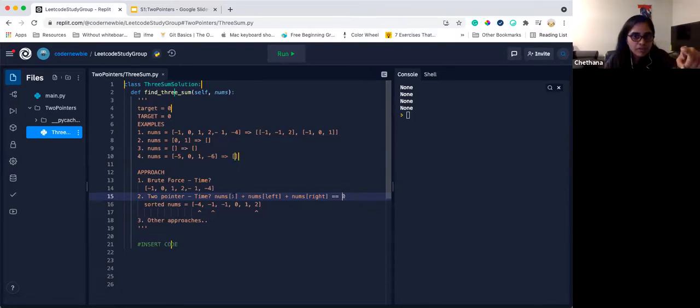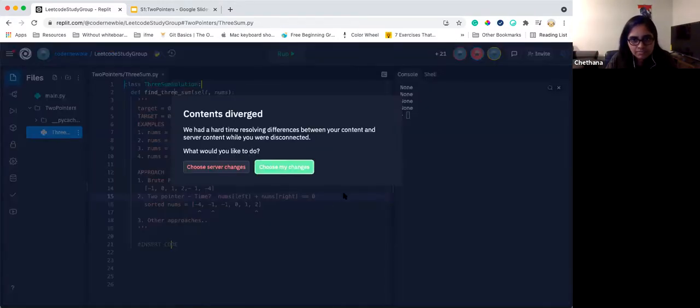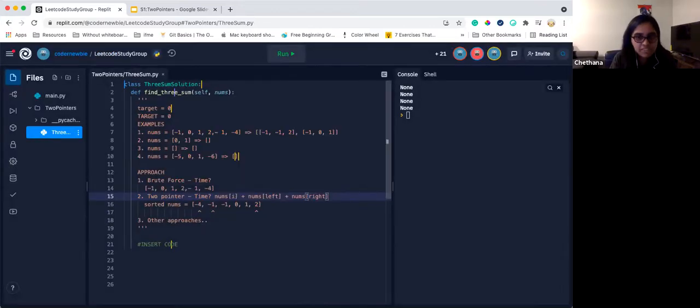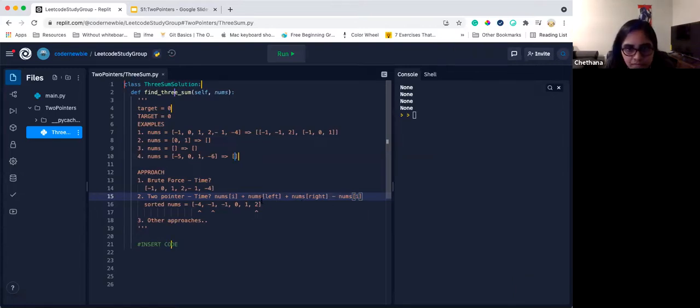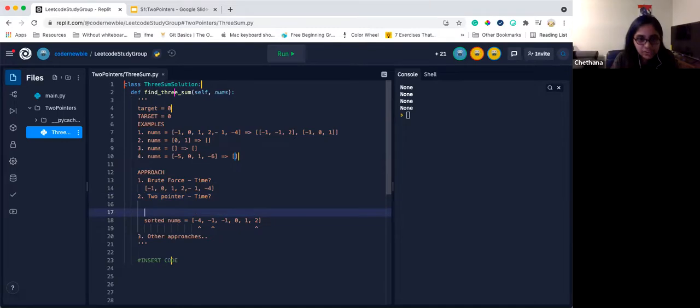So now that we already know what the first element is going to be, or where we're positioning the first pointer, I'm going to write it down over here again.